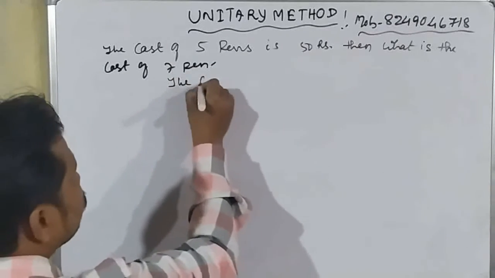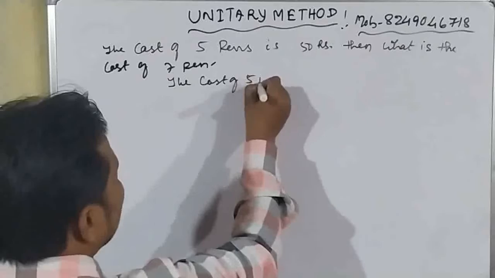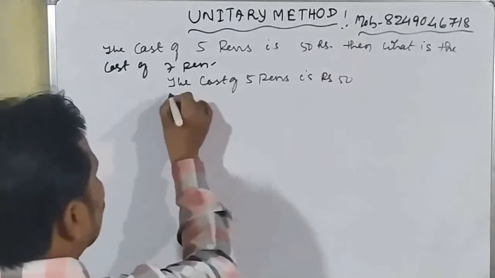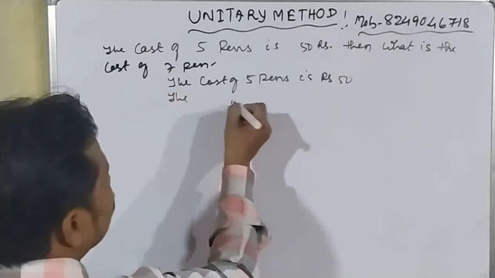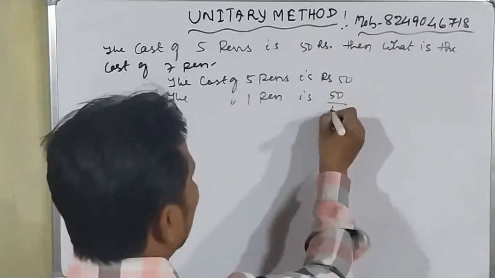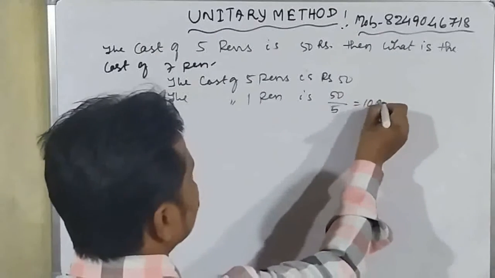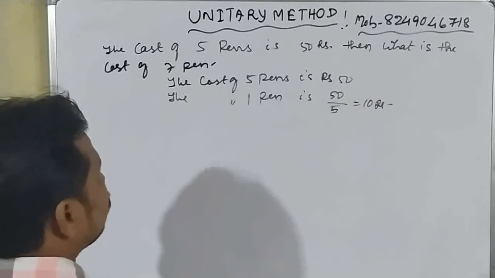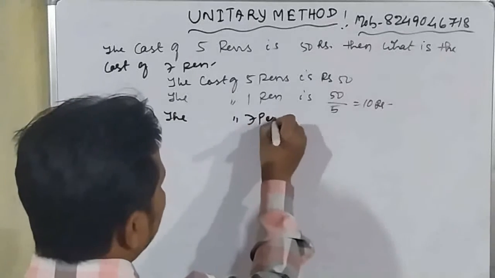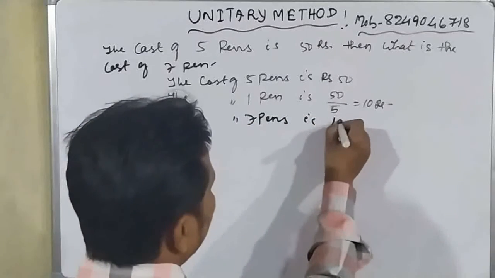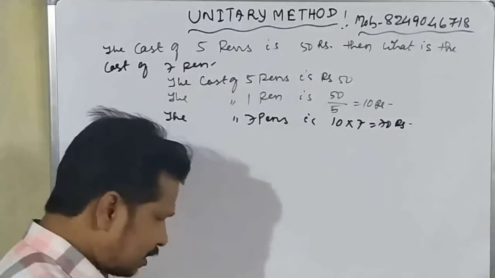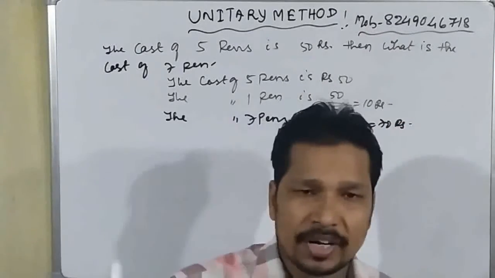So the cost of 1 pen is 50 by 5, which is equal to 10 rupees. Yes or no? And now we will find out the cost of 7 pens. So the cost of 7 pens is 10 rupees into 7, equal to 70 rupees. So this is the method. Normally, in this way we have already calculated.